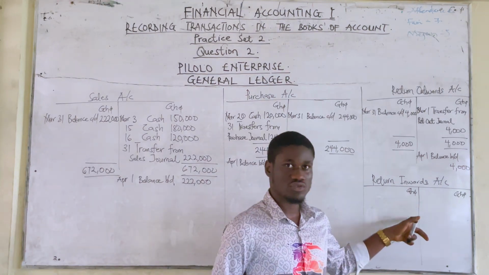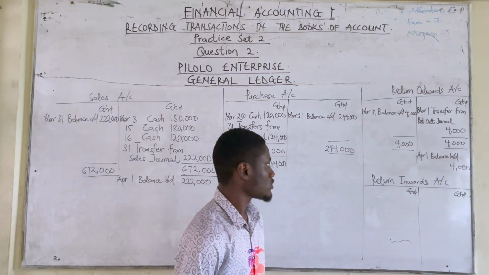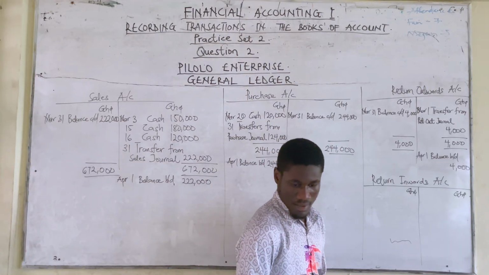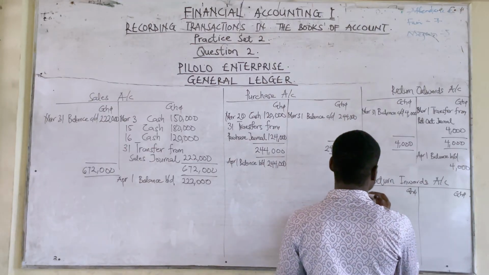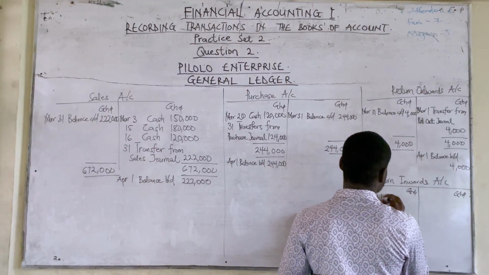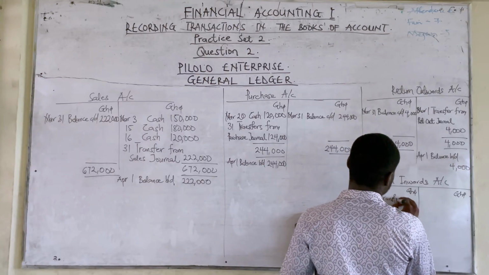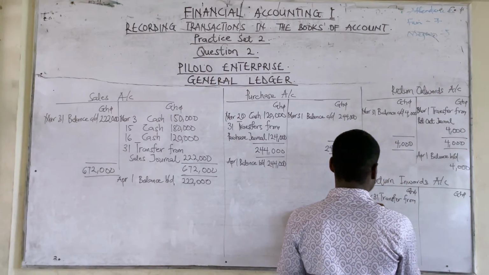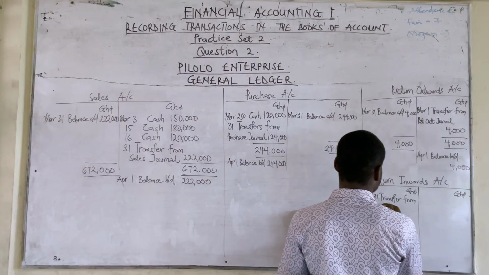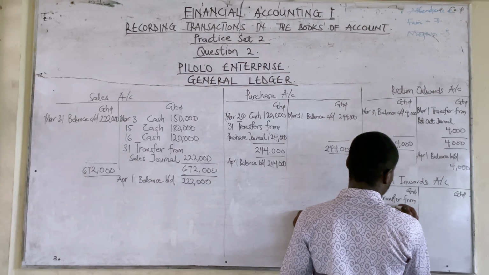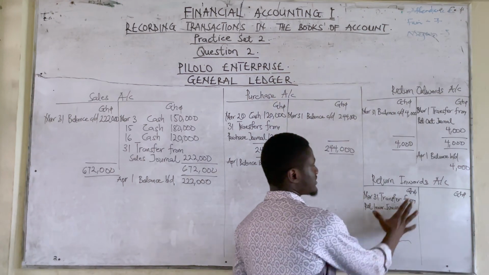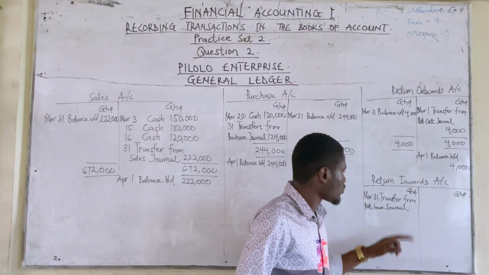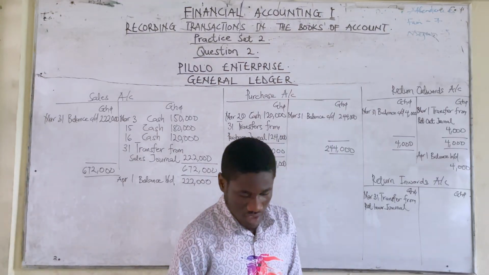So we just transfer it to the returns inward account. Yes. So 31st March, transfer to returns inward. Okay, instead of writing these long sentences, you can just write transfer. Okay, good. So the amount here was 14,000.